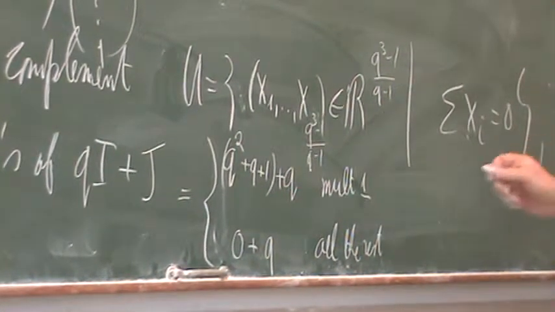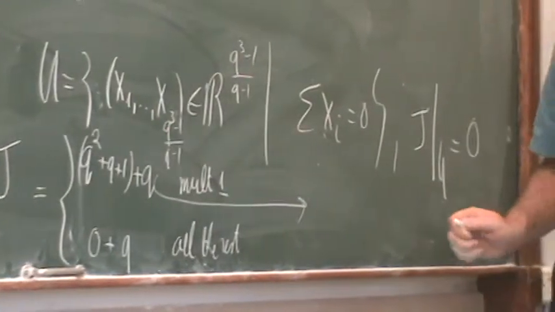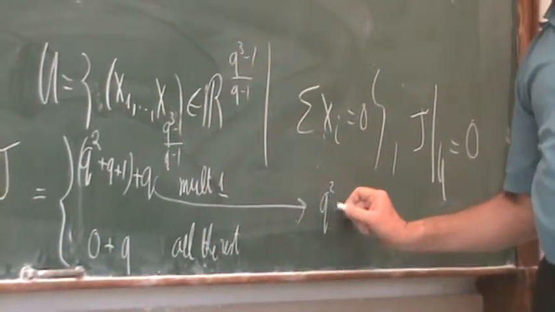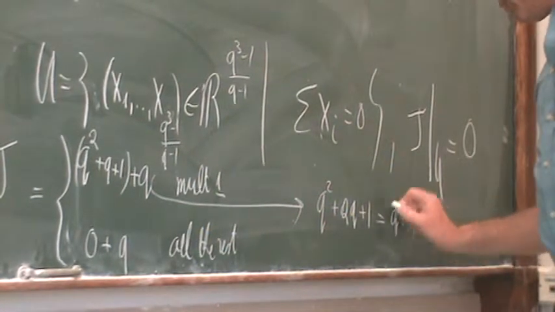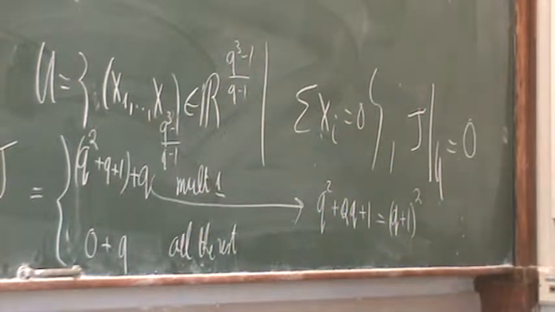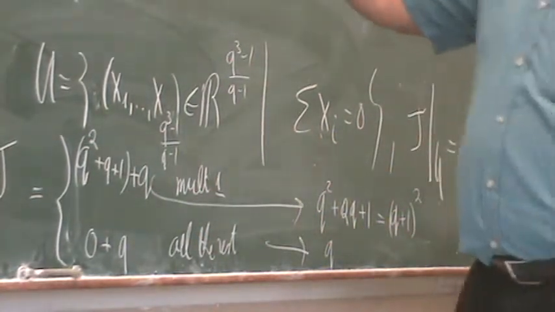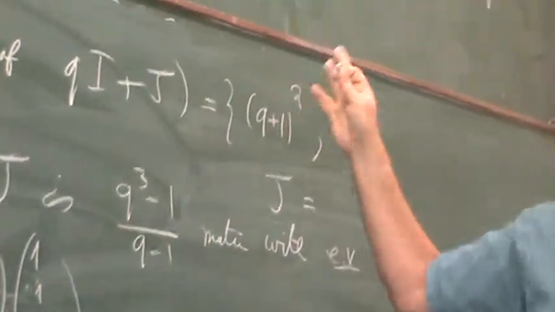Okay? And here, now, is a little miracle. What is Q squared plus Q plus 1 plus Q? This is Q squared plus 2Q plus 1, which is equal to Q plus 1 squared. And here we are getting Q. So the eigenvalue here will be Q plus 1 squared, which should be, right?